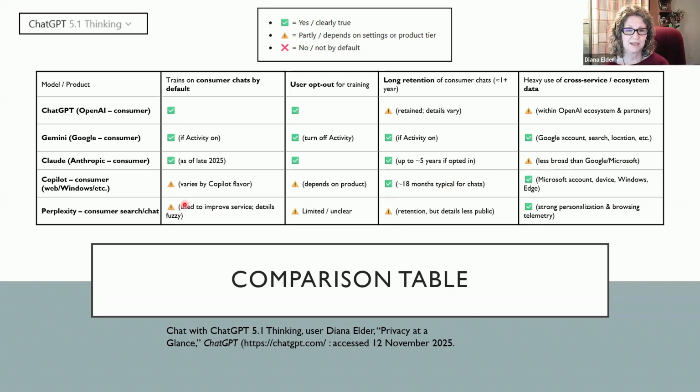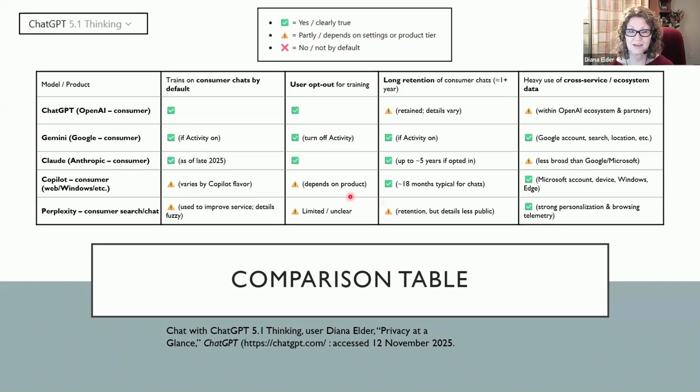And Copilot was the hardest one to figure out looking at that because it's so different depending on what Microsoft product you are using, whether you're using Microsoft 365 or if you're doing the free version or the lesser version. There's just so many different things there.